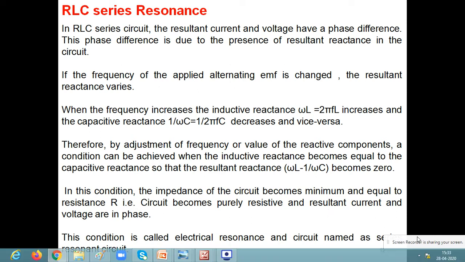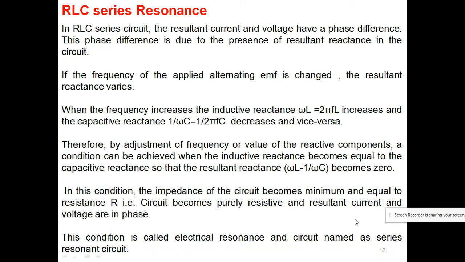Okay, so what we are doing here is adjusting, by changing the value of the reactive component, to achieve a condition where the inductive reactance becomes equal to the capacitive reactance.